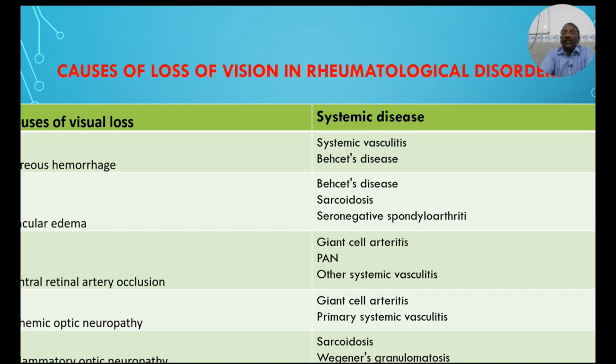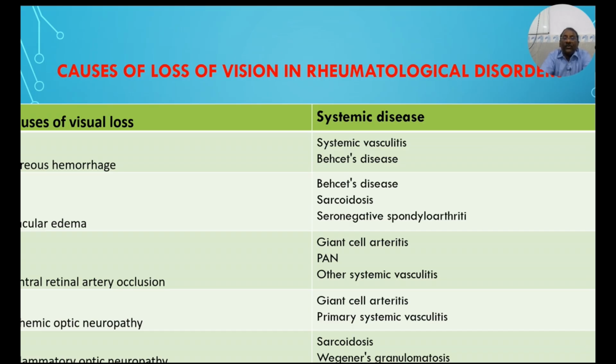Causes of loss of vision. Vitreal hemorrhages could be systemic vasculitis or Behçet's disease. Macular edema, again these are sight-threatening conditions that lead to loss of vision: Behçet's, sarcoidosis, seronegative spondyloarthritis.